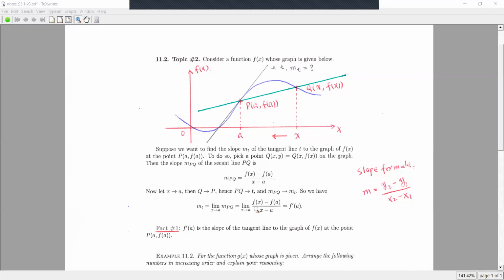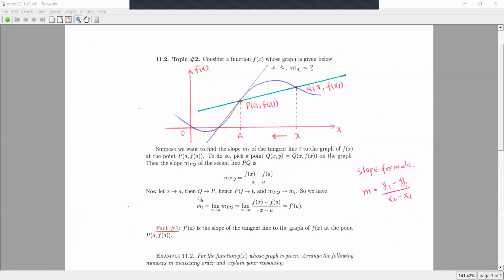So we have the slope of the tangent line is the limit of the slope of the line PQ as x approaches the point A.